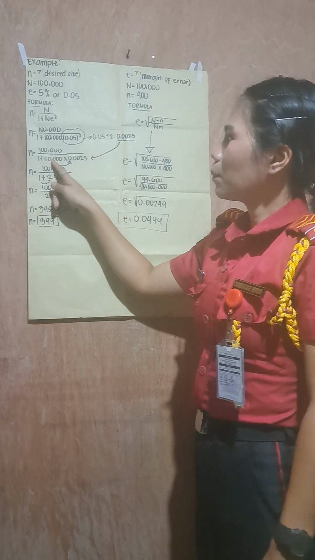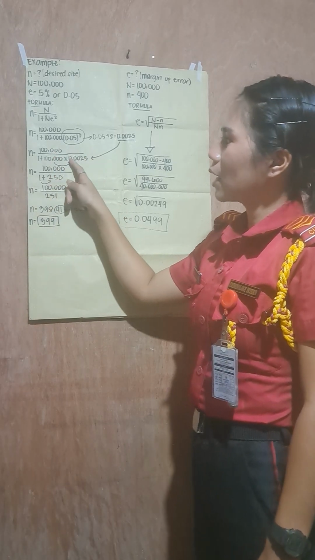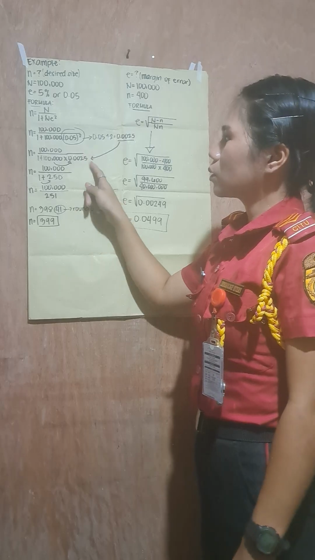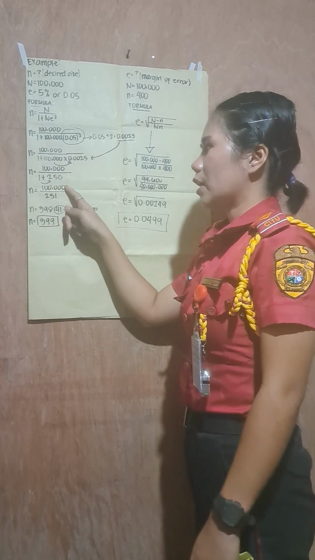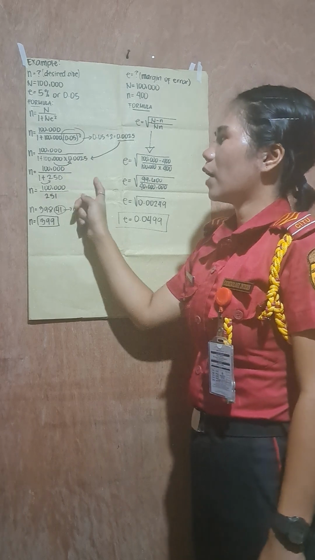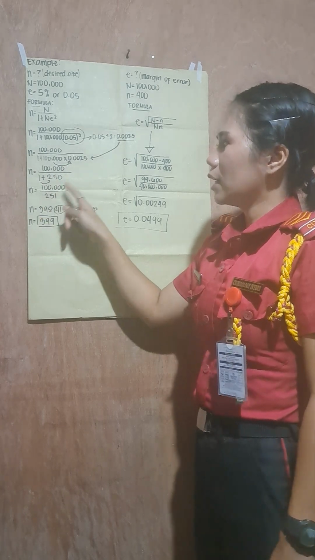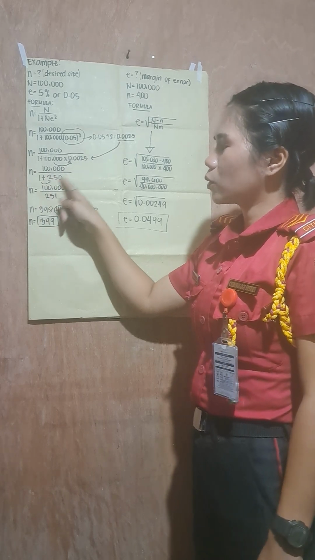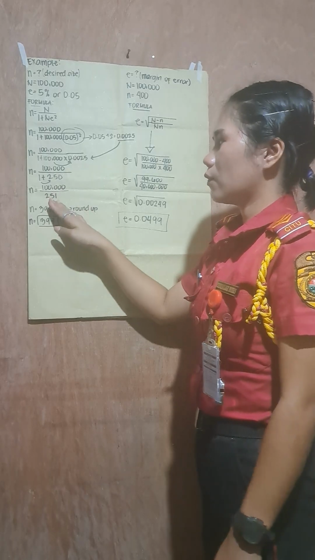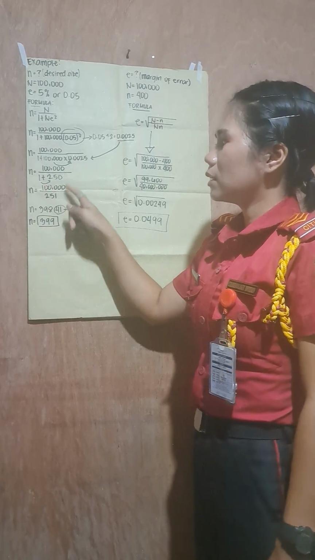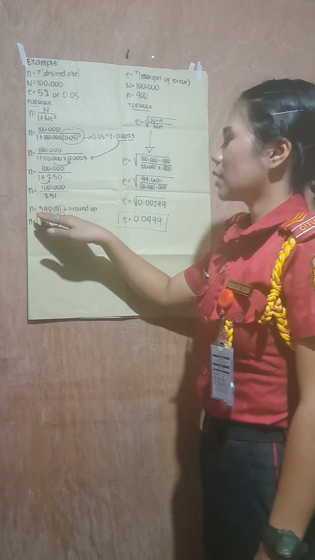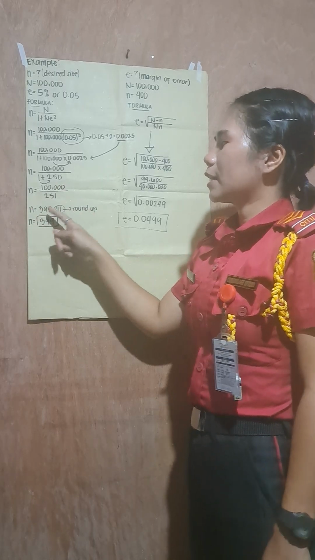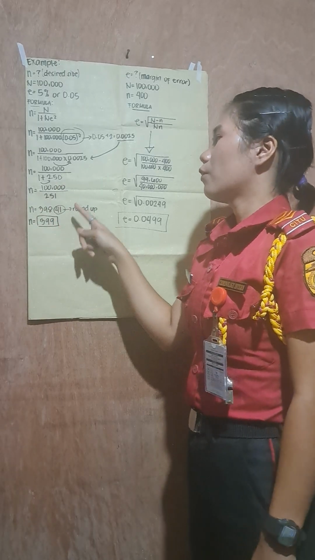So, ikuha na nimo ang 100,000 times 0.0025 is equals 250. So, 100,000 divided by 1 plus 250, which is 251. So, 100,000 divided by 251. So, ang desired size is 398.41.